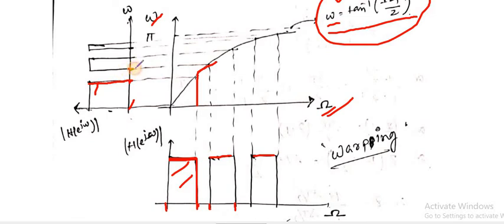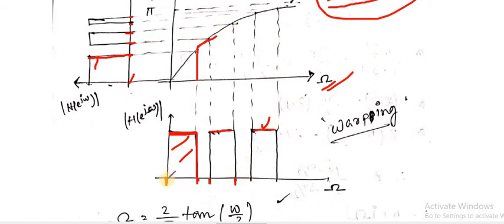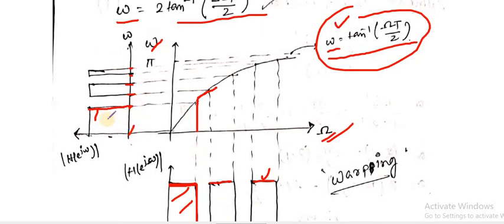Why? Because the pass band and stop band frequency changes. Similarly, for the third band, obviously the pass band and stop band frequency will be severely affected due to the non-linearity of this relation. So this is basically called frequency warping, meaning the frequency has changed. The first band is okay, but the second and third pass bands are changed in the digital domain.